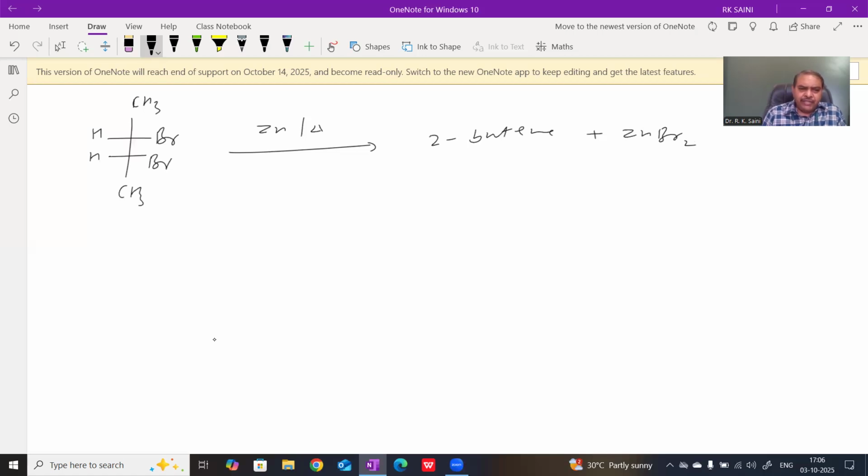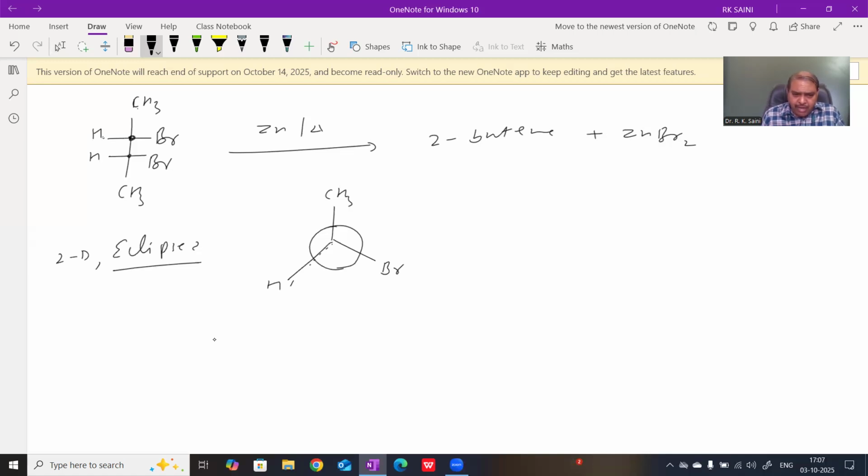To check the stereochemistry, the Fischer projection formula is an eclipsed form, so we write the eclipsed form of this compound. The front carbon contains CH3, H and Br, and the back carbon also has CH3, H and Br. The hydrogens of the two carbons are eclipsed, Br and Br are eclipsed, and methyl and methyl are eclipsed.